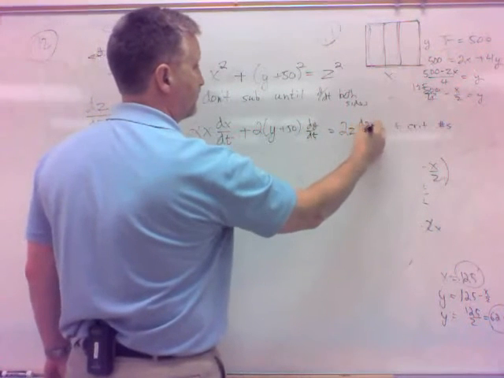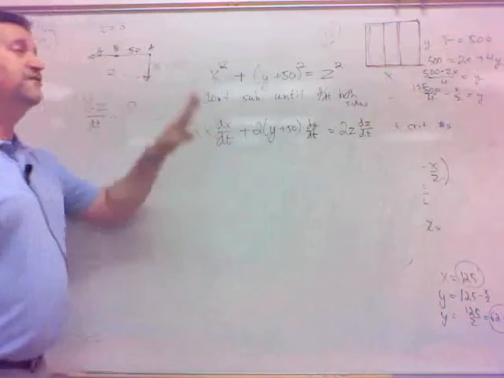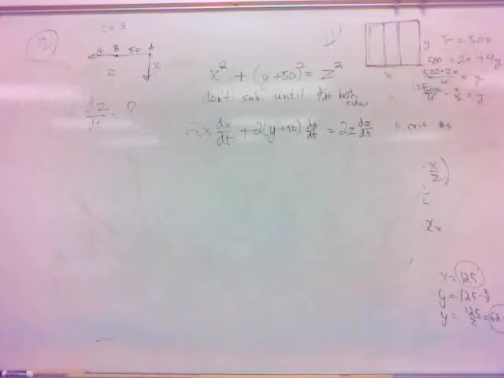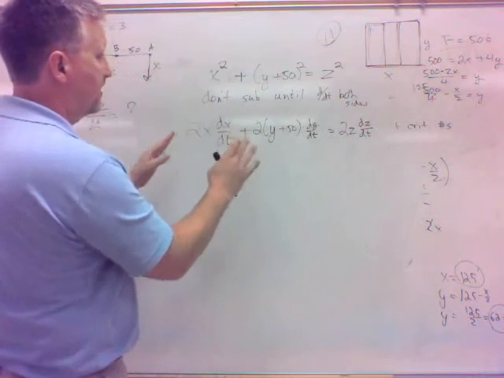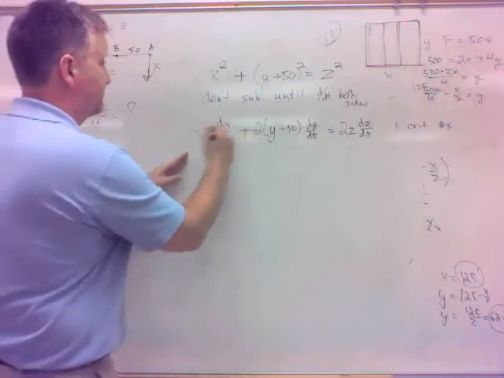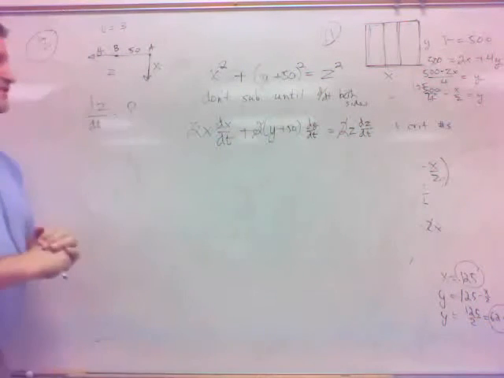You could FOIL, but that's going to mean you have to FOIL and then do the derivative, so this saves you a step. The other thing it does, if you leave it like that, is these 2's cancel out, so you get rid of all the 2's.